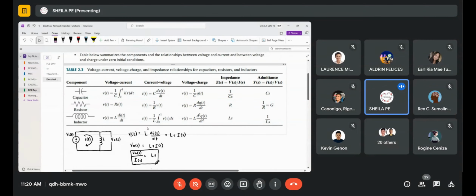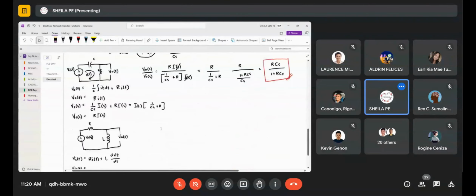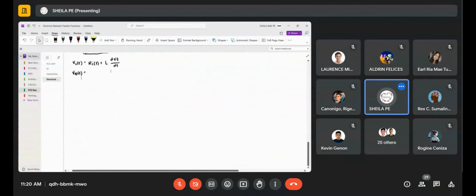So if we do the voltage form, you take the integral of our V(t) dt, so that's just dV/dt over dt. It's the same, L dV/dt.